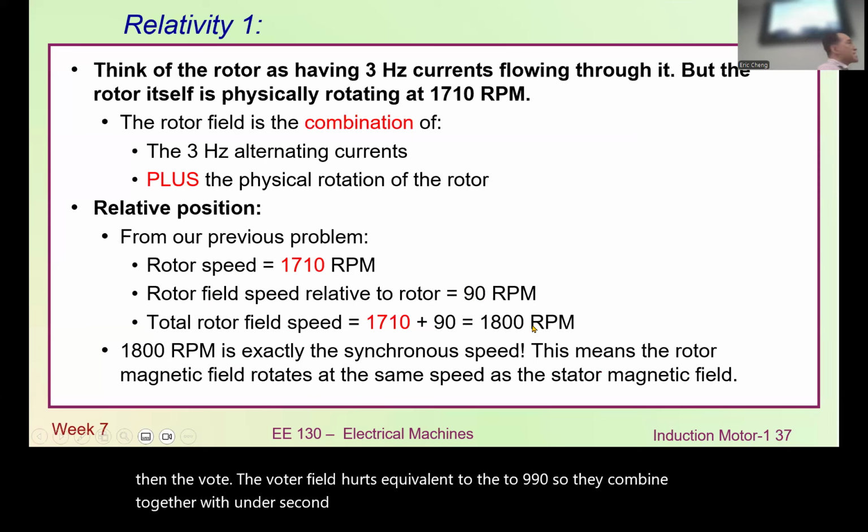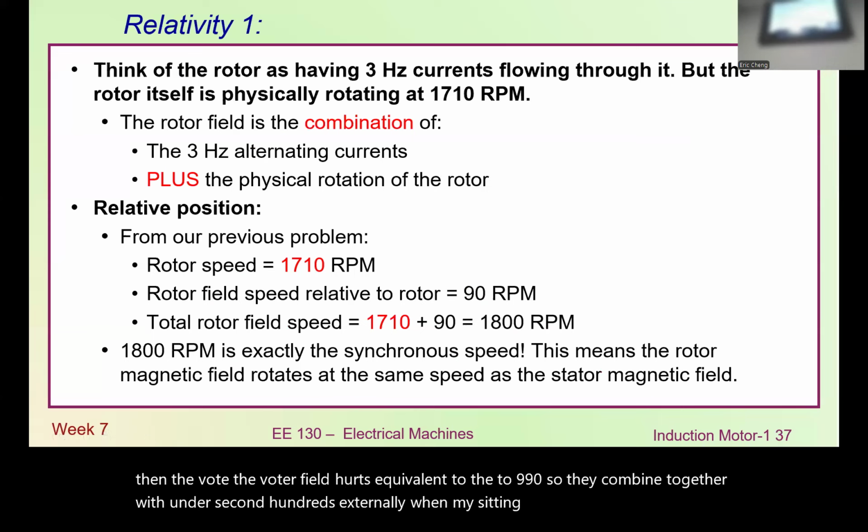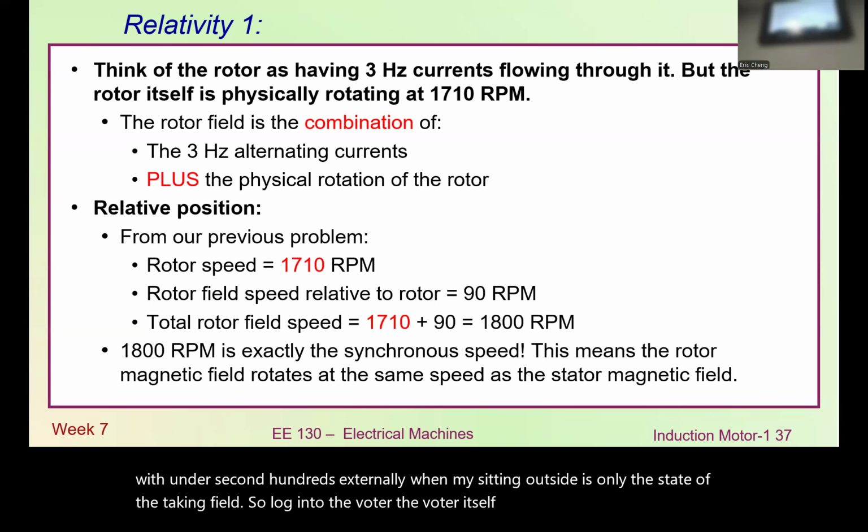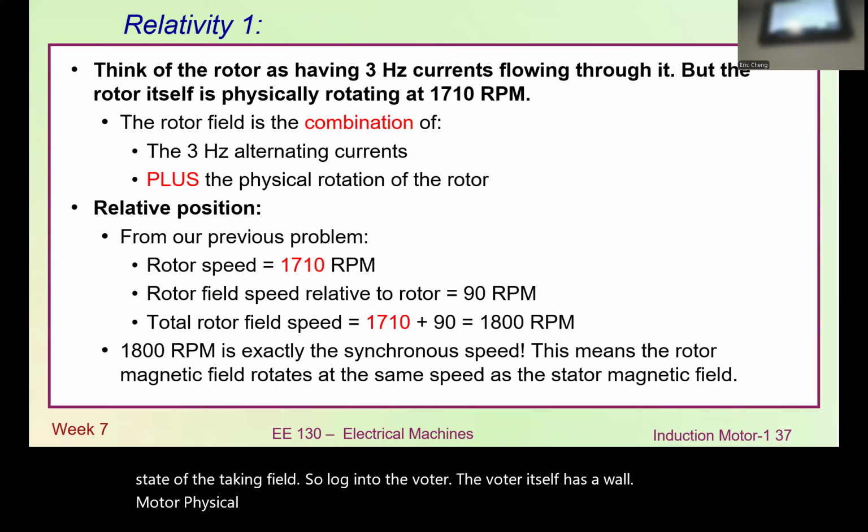Externally, when I'm sitting outside, it's only the stator rotating field, locking to the rotor. The rotor itself has a physical movement, plus its own current movement. That's how we see the combination.